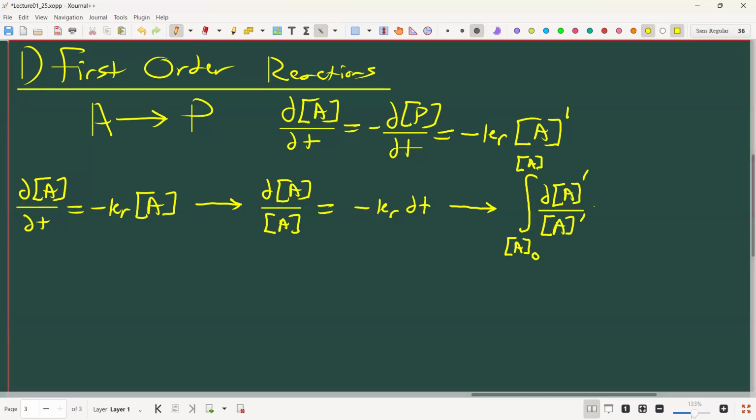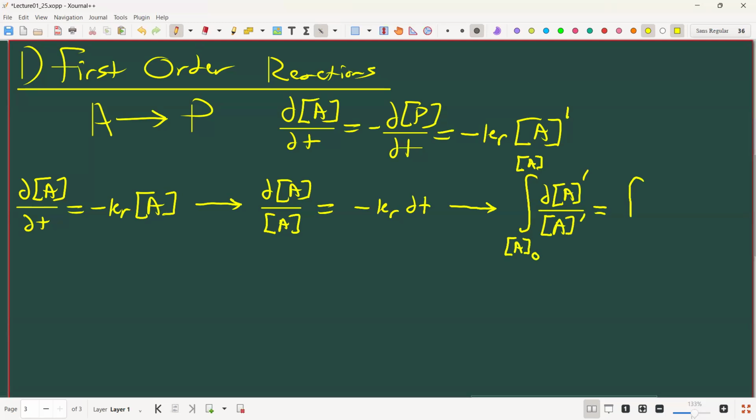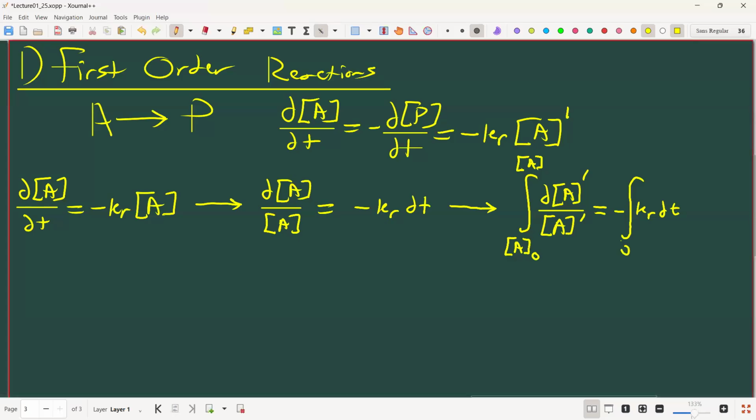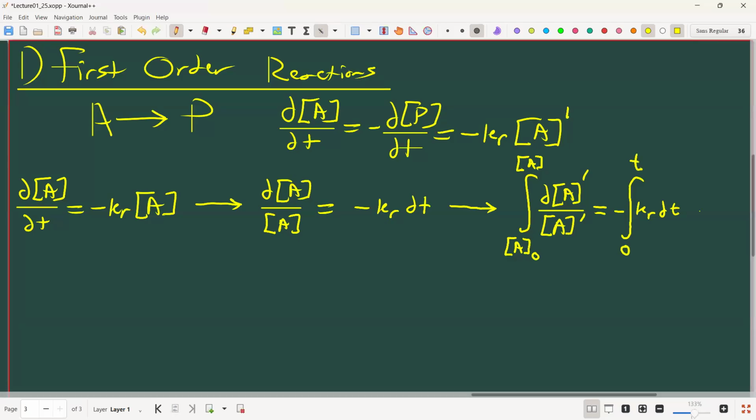So we have this integral on the left-hand side, and we're going to integrate minus Kr dt, where t is time here, from the time where the concentration is initial, which is 0, to the final concentration at time t. I'm going to use a dummy variable dt prime, not to confuse our variables. So I'm going to integrate from t equals 0, where the concentration is A naught, to some time t where the concentration is A.